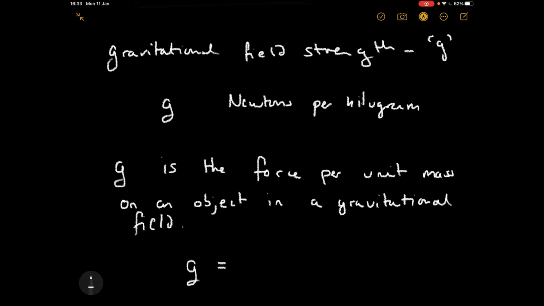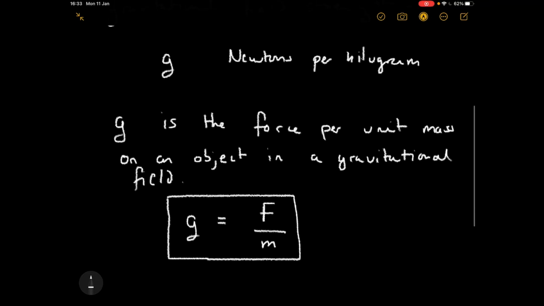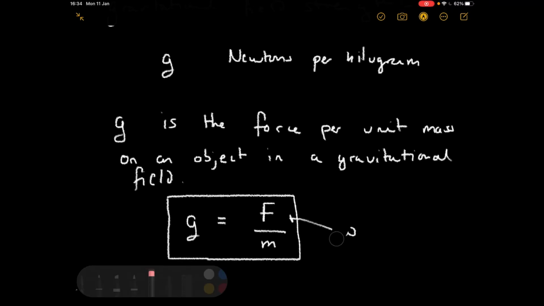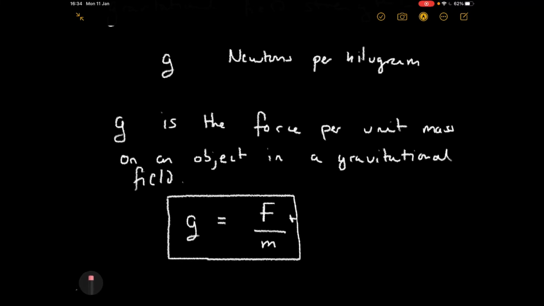So many of the things are the same. So g is therefore defined as the force divided by the mass. When you're dealing with weight on the Earth, if that force is W for weight, then that's how you get weight is mass times gravity.